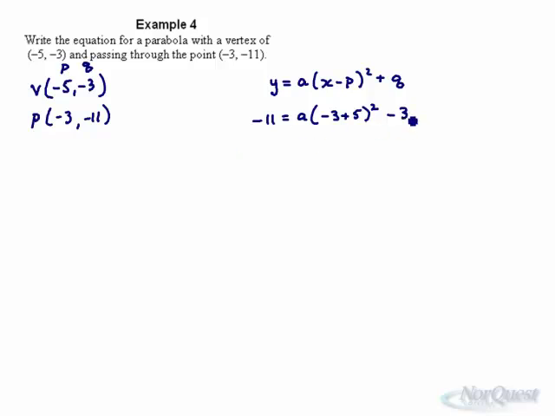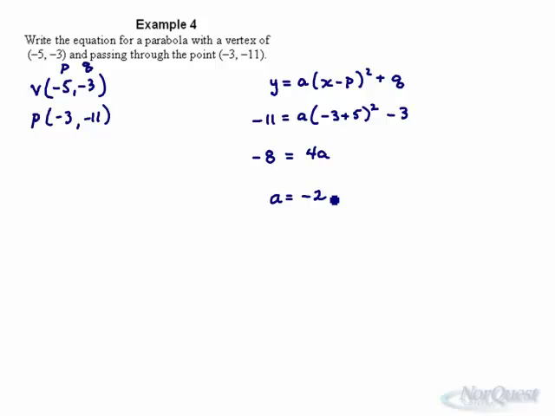Simplify. I'm going to add the 3 already right now. So negative 11 plus 3 will give me negative 8 equals negative 3 plus 5 is 2, so it should be equal to 4a. Divide by 4, a equals negative 2.